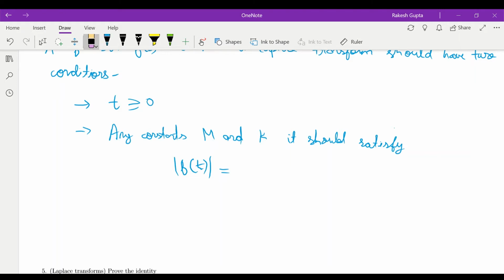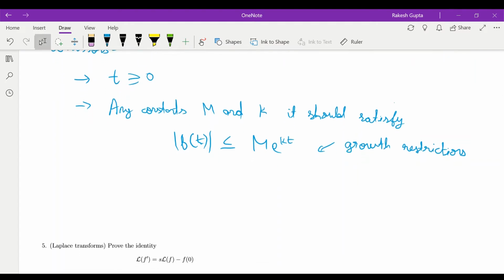Sorry, this is less than or equal to. Now this condition is also called the growth restriction. This also means that the function doesn't grow very quickly, and the Laplace transform of a function f of t is given by this equation.